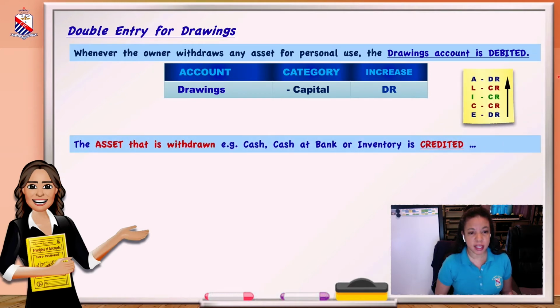The asset that is withdrawn, example, whether the owner withdraws cash or money from the bank account or inventory, that account is credited to show that it has been withdrawn, the business, it has decreased. So it has gone out or been withdrawn out of the business by the owner. That is what drawings is.